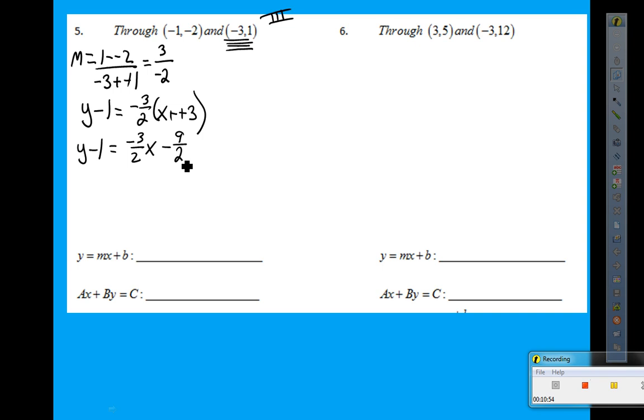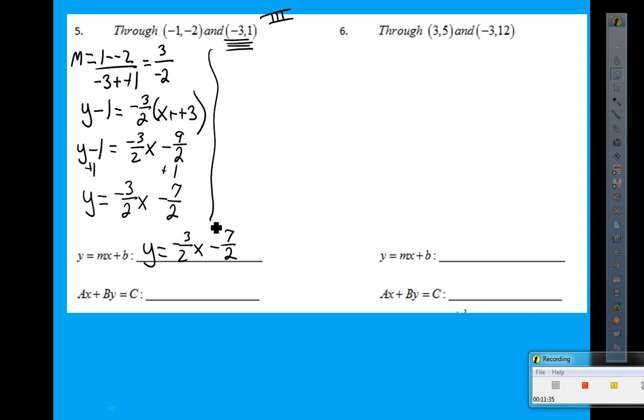You might have to use your calculator a fancy way. Negative 3 over 2 times 3, and it might show you negative 4 1/2. Go second fraction key, and it'll show you negative 9/2. And then now I'm going to add 1 to both sides. So here it is in y equals mx plus b form. I got y equals negative 3/2 x minus 7/2. So I'm going to put that right there. Y equals negative 3/2 x minus 7/2.